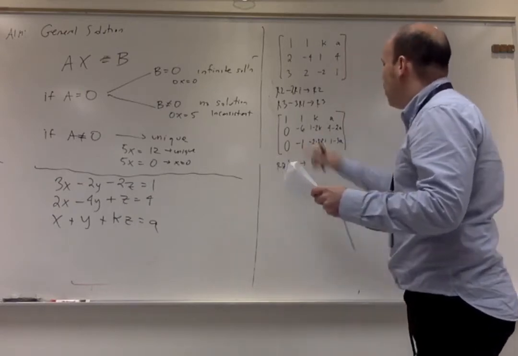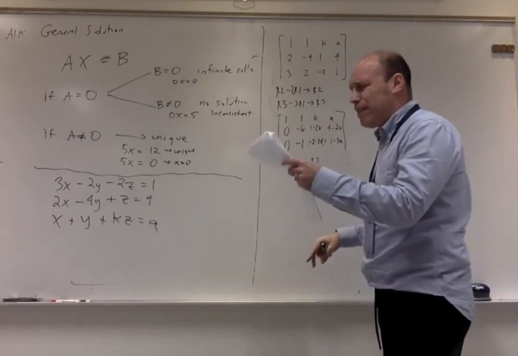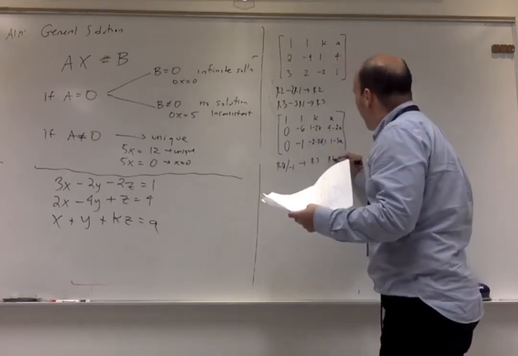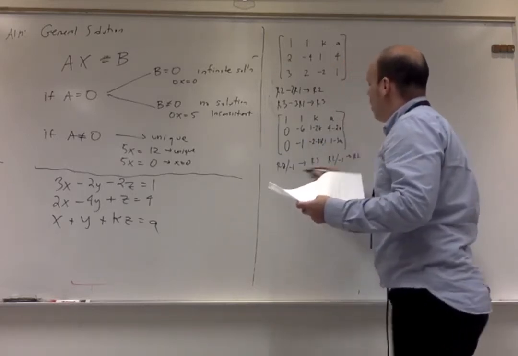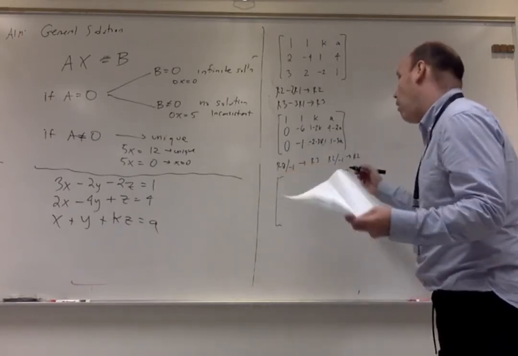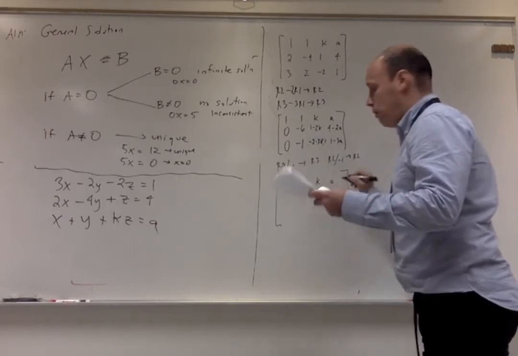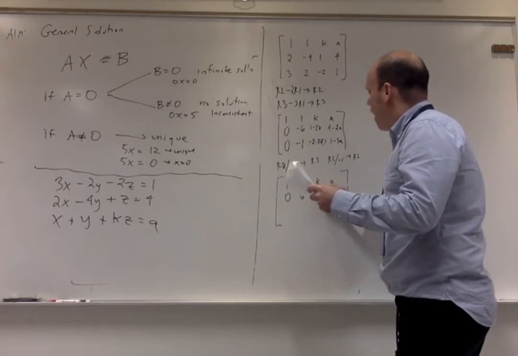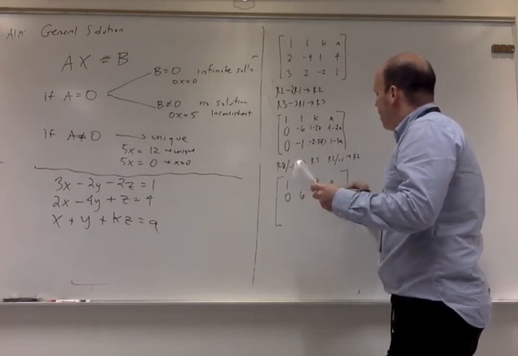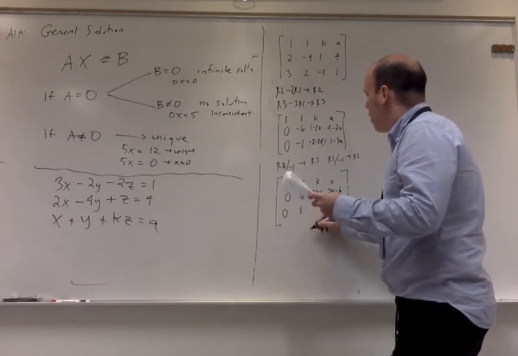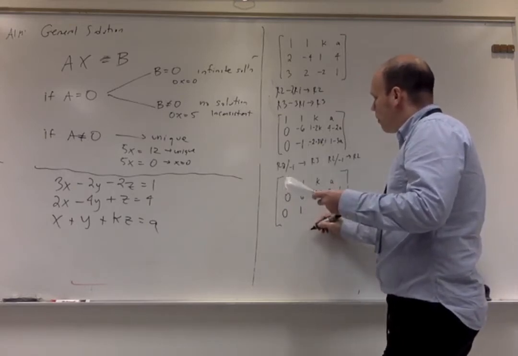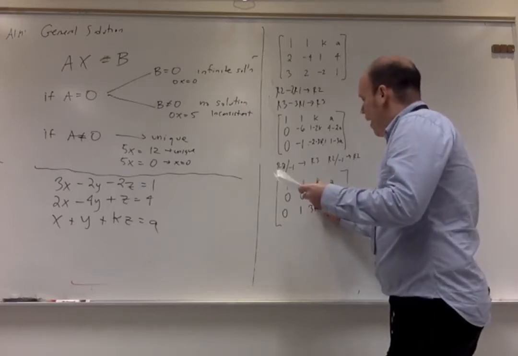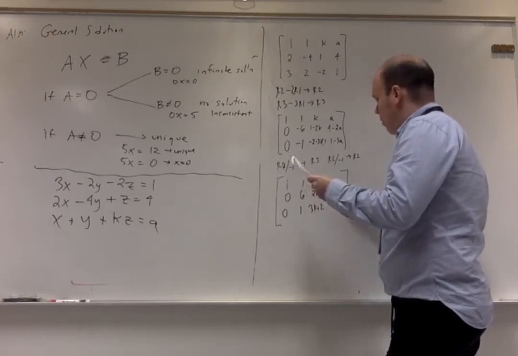I have to clean this up. Someone might say, Mr. Eilert, why don't you clean up the second row? Maybe that's not a bad idea. Let me clean up the second row also. Okay, 1, 1, k, a. 0, 6, 2k minus 1, 2a minus 6, and then 0, 1, 3k plus 2, 3a minus 1.